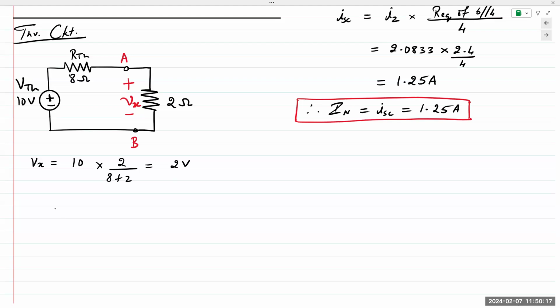Similarly, our final Norton circuit should have a current source.